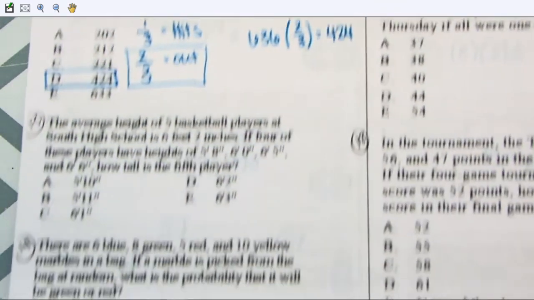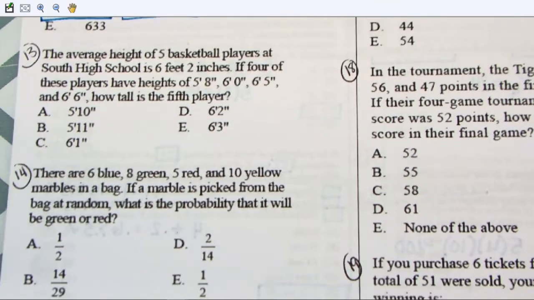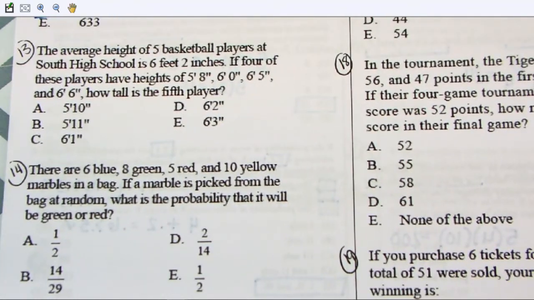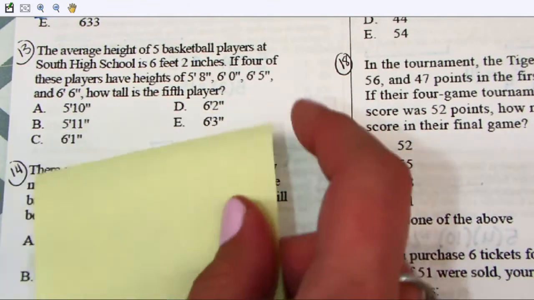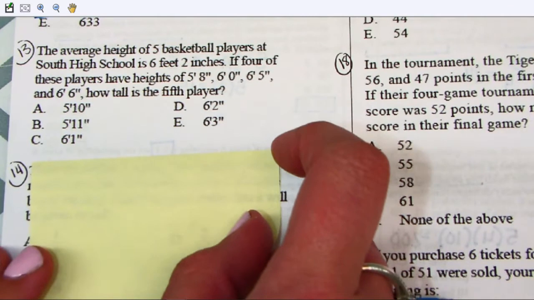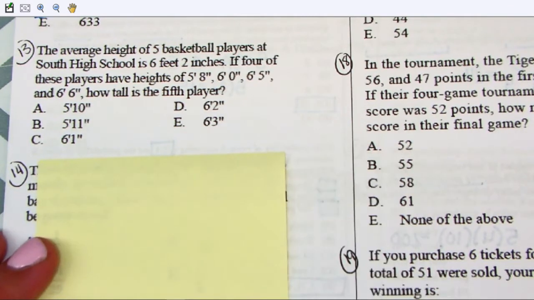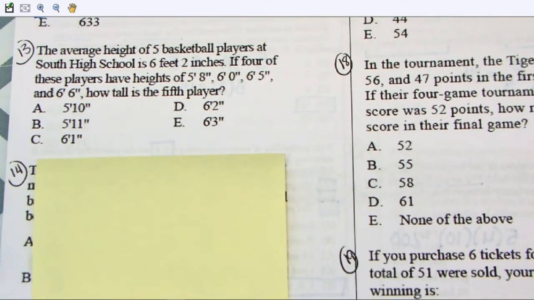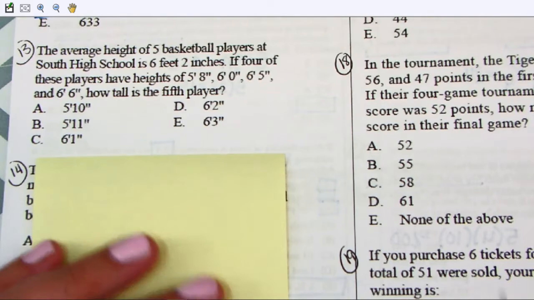All right, next. This problem takes a little bit of time, so I'm going to work some of it out on a Post-it underneath. It says the average height of 5 basketball players is 6 feet 2 inches. If 4 of those players have a height, and it lists the heights, how tall is the 5th player? Here's the thing.